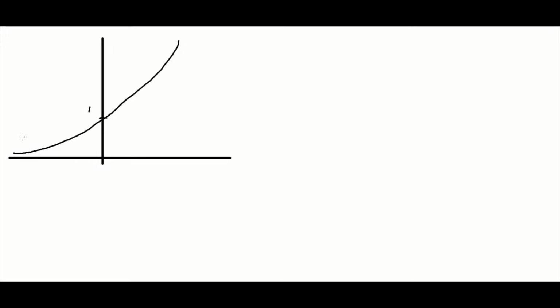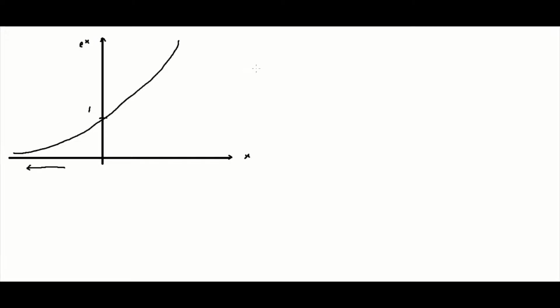So when you continue to draw this part towards the negative side of your x-axis, let's say this is the x and this is your y, meaning e power x.